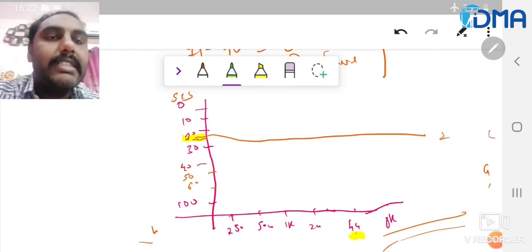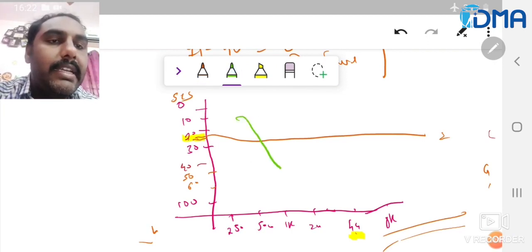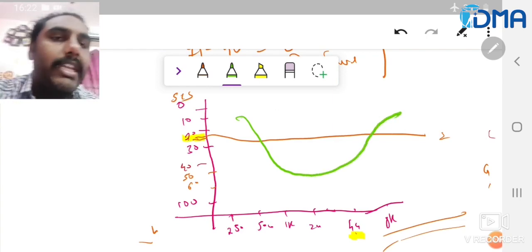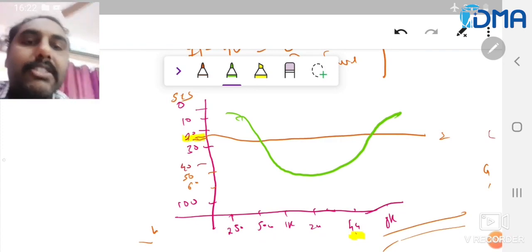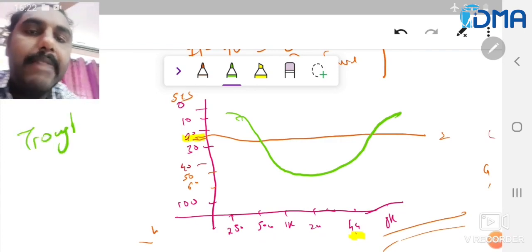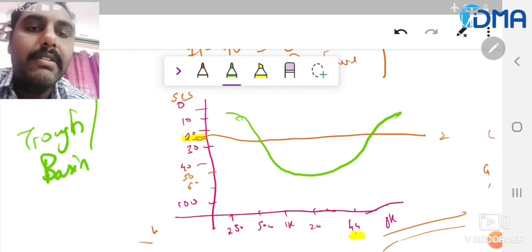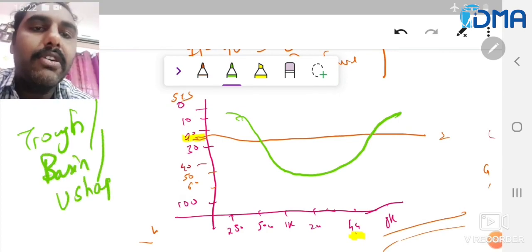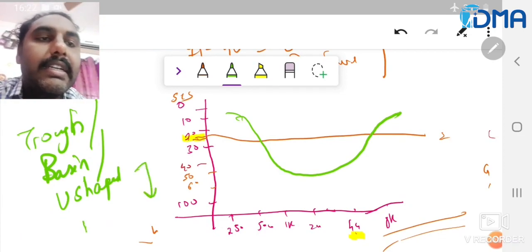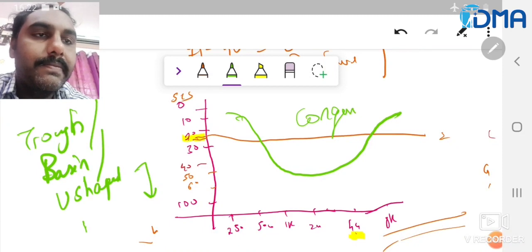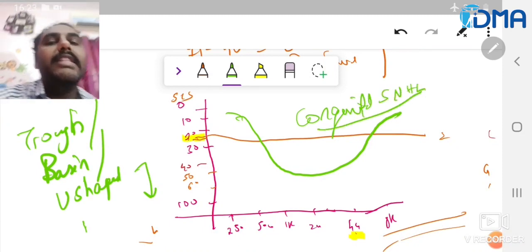So, consider this as an audiometry. This audiometry could be something like a U shape. So this occurs in which condition? This is called trough shaped or basin shaped or U shaped audiometry, seen in congenital sensorineural hearing loss, that is a child born with hearing loss.